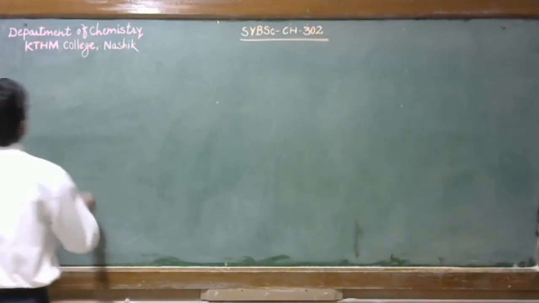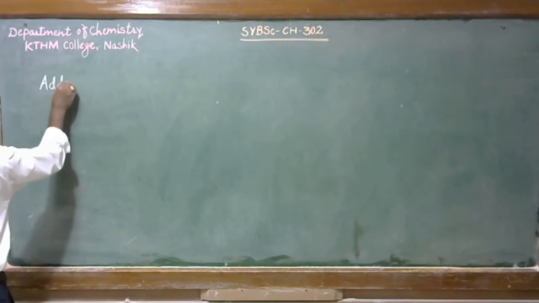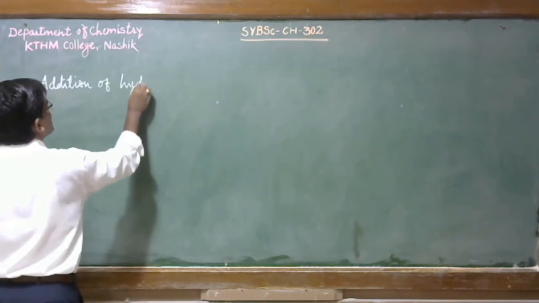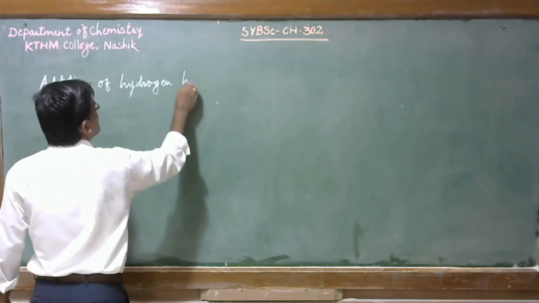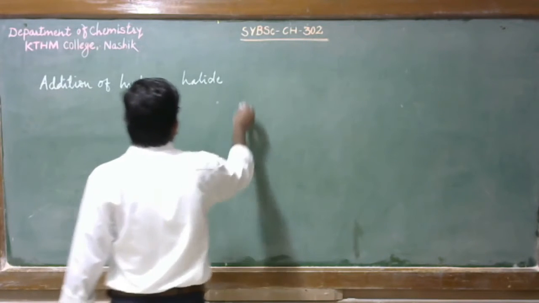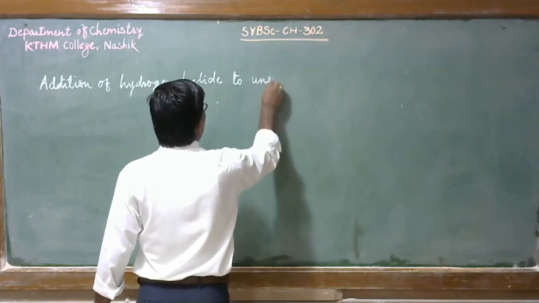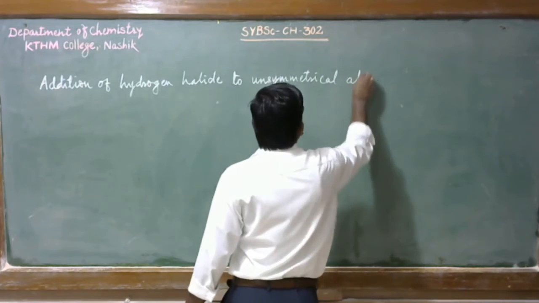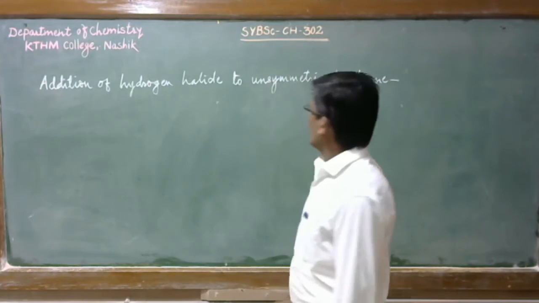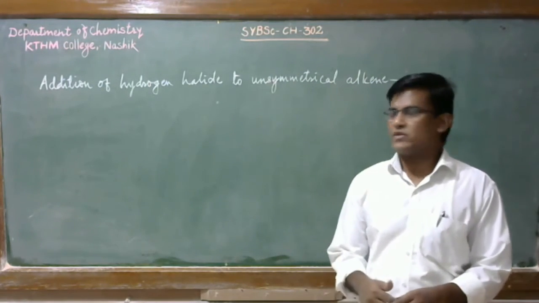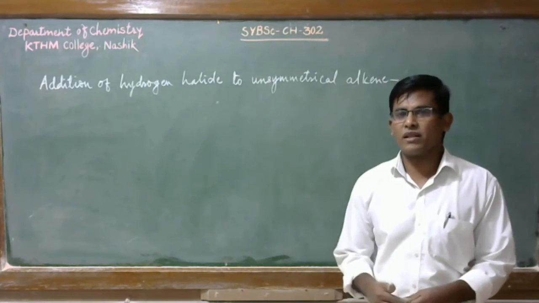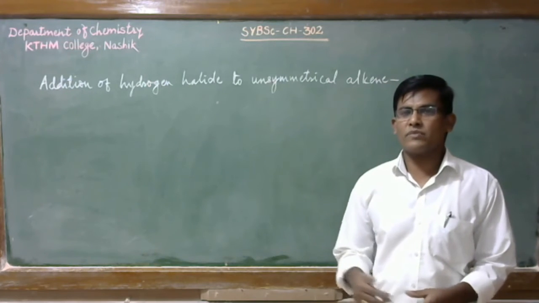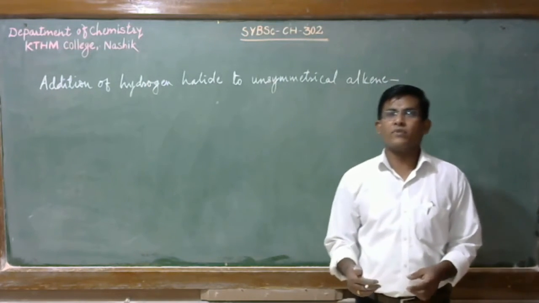As we have seen with symmetrical alkene, one hydrogen will add to one of the carbons, and the halide ion will add to the other carbon.